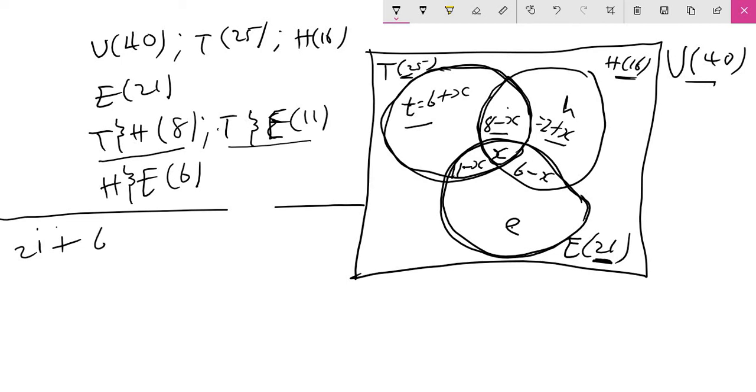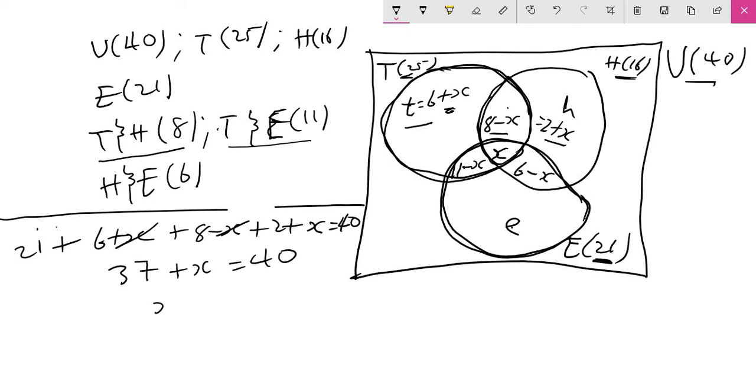So 21 plus 6 plus x, which is this, plus 8 minus x plus 2 plus x must be equal to 40. We can cancel out what can be cancelled out. I'm taking these away. 21 plus 6, 27, plus 2, 29, plus 8, 37. So we have 37 plus x equals 40. So x is equal to 40 minus 37, and x is equal to 3.